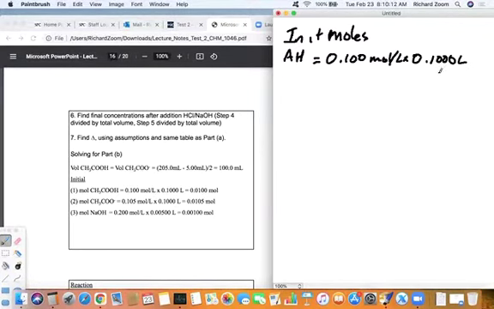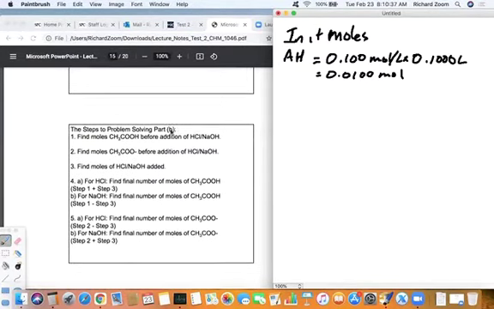So that's 100.0 mL converted already into liters. And that comes out to be, in this case, 0.0100 moles. Now look at the significant figures here as well. We've got 3 sig figs, 4 sig figs, so the answer comes out to 3 sig figs. So that's the initial moles of AH.